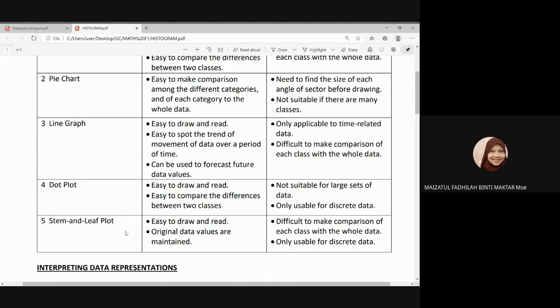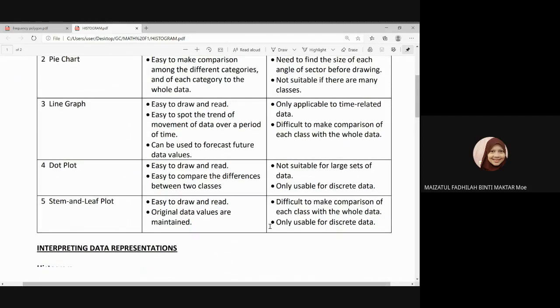Next is the stem and leaf plot. A stem and leaf plot is easy to draw and read, and the original data values are maintained. But it is difficult to make a comparison of each class with the whole data. This one is also the same as a dot plot, usable only for discrete data.